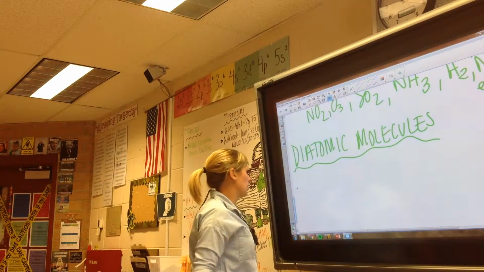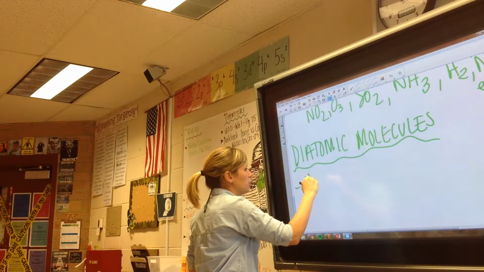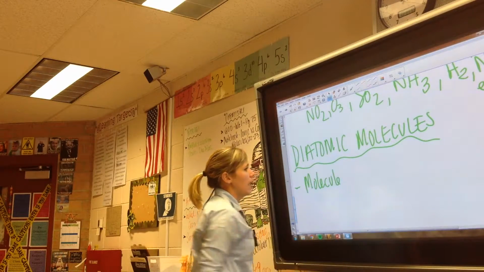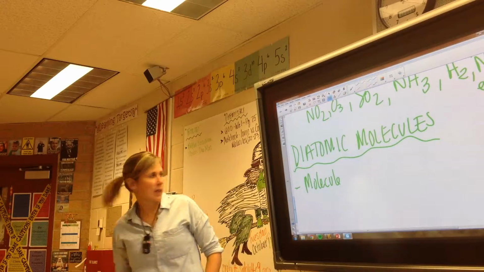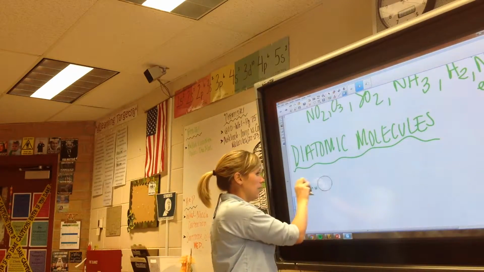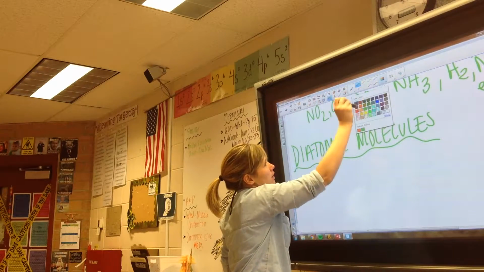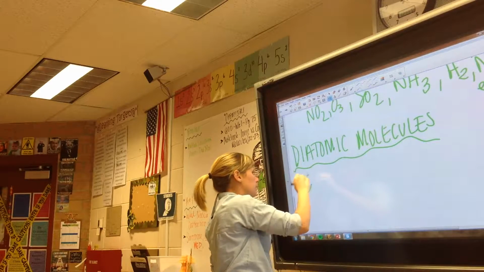A diatomic molecule, the definition is that it's a molecule, molecule being, in this case, more than one atom. Or, let's see, scratch that. It's an atom that cannot exist alone in nature, or an element that cannot exist alone in nature. That's the best way to put it.